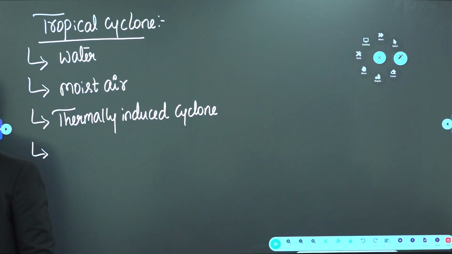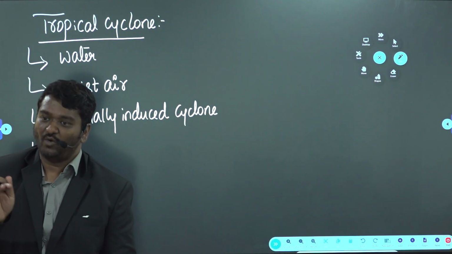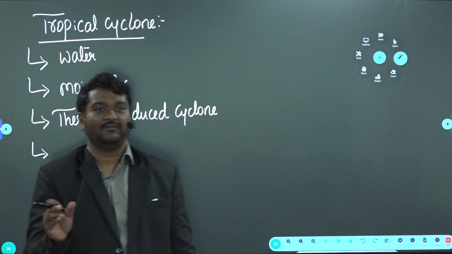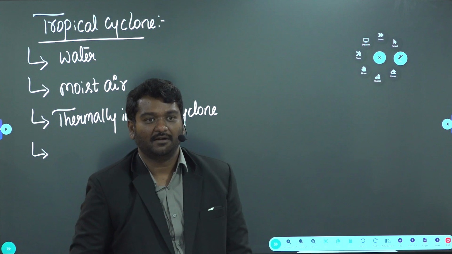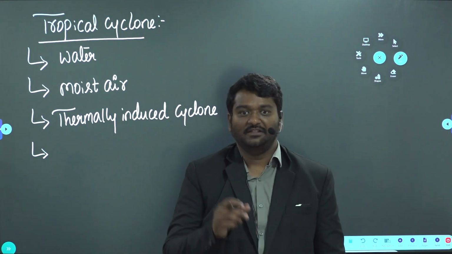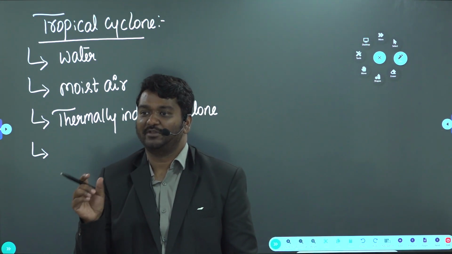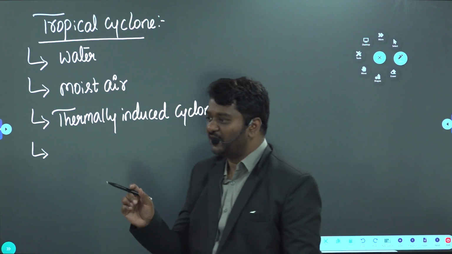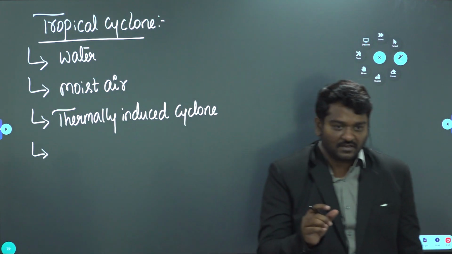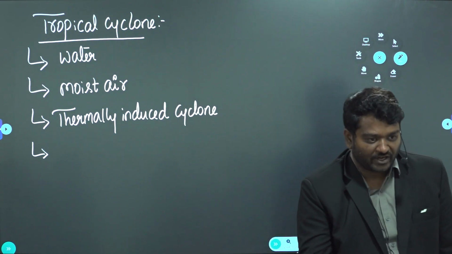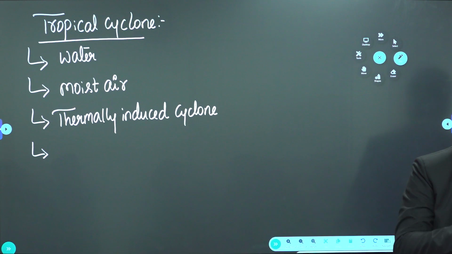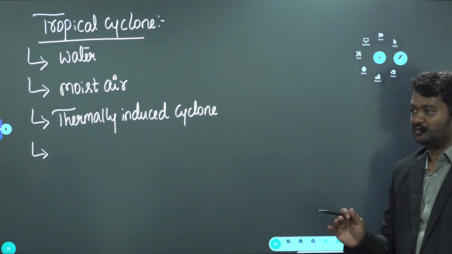Like eastern side of the continent, western side of the oceans, you will have cyclones. Can you tell why? In that region, warm currents will be there. Ocean currents will be warm. That is the reason eastern side of the continents, western side of the oceans, you will have cyclones.